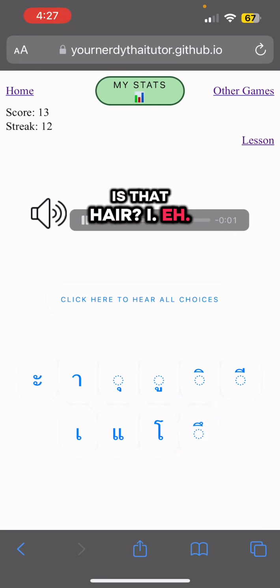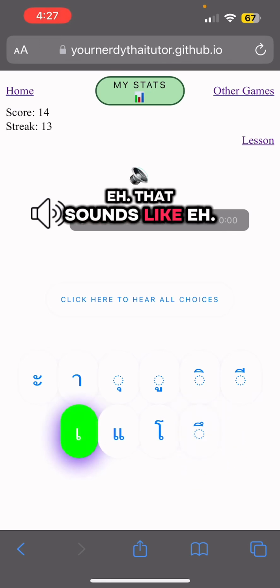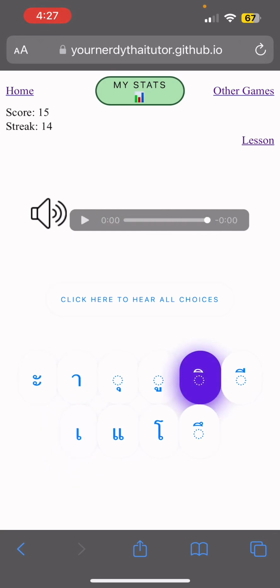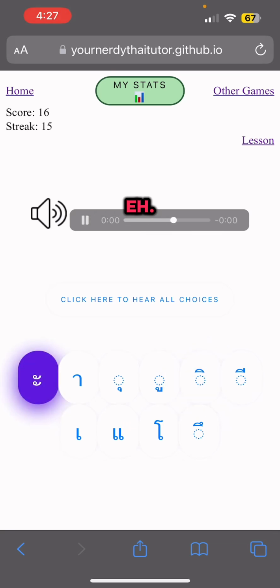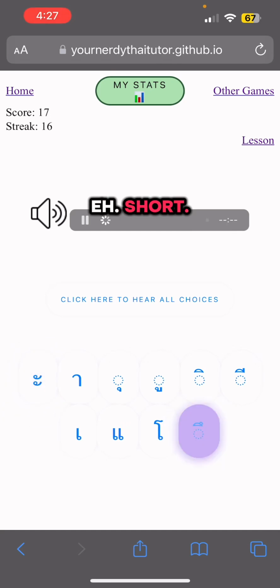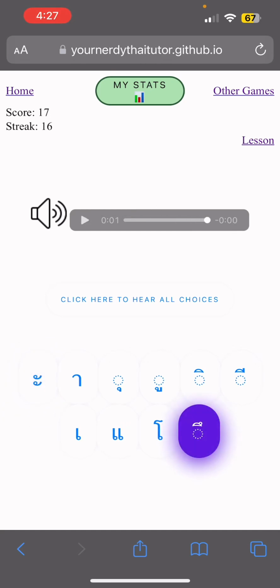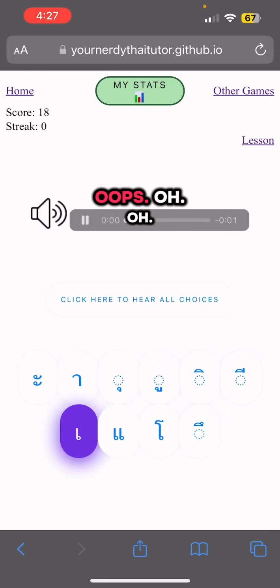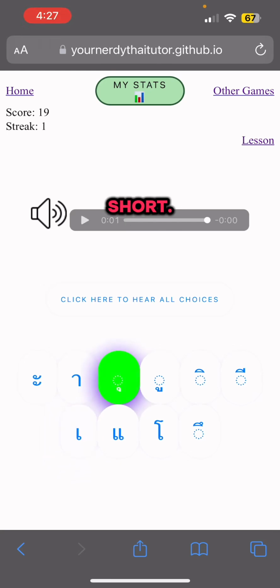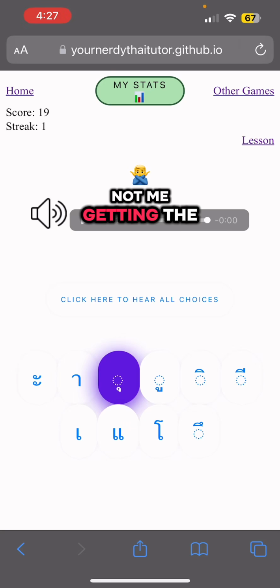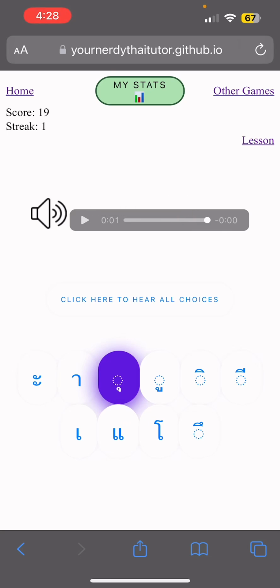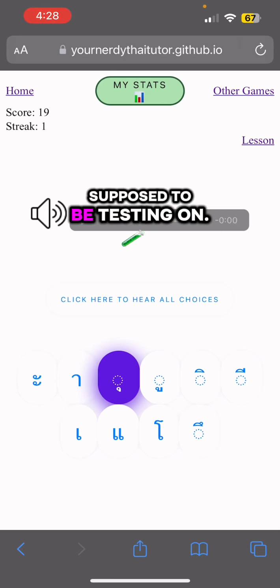Is that air ah? That sounds like eh. E, short. Ah, short. Short. E. Oops. U. Ooh, short. Not me getting the new vowels, which should be the problem, and me still struggling with the eh, ah. That's just embarrassing. This isn't even what I'm supposed to be testing on.